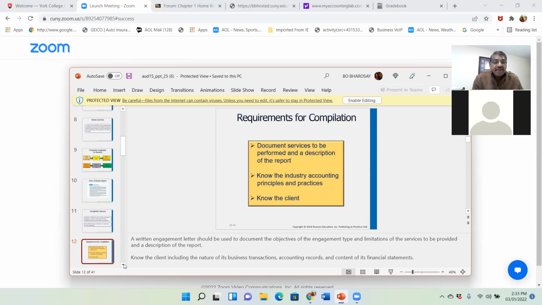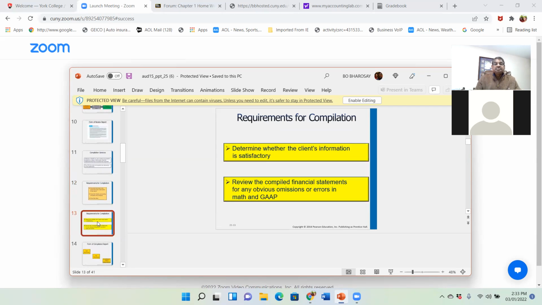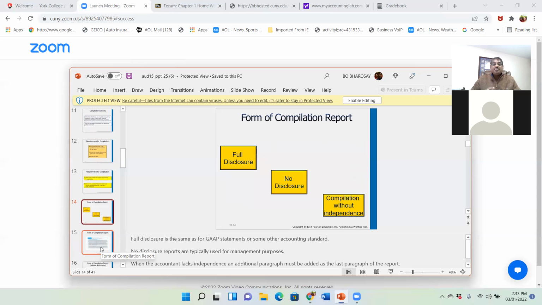We must know the client. We should determine whether the client information is satisfactory. We should review the compiled financial statements for any obvious omissions or errors in math and GAAP. So we want to make sure it's mathematically accurate and there's no violation of GAAP.